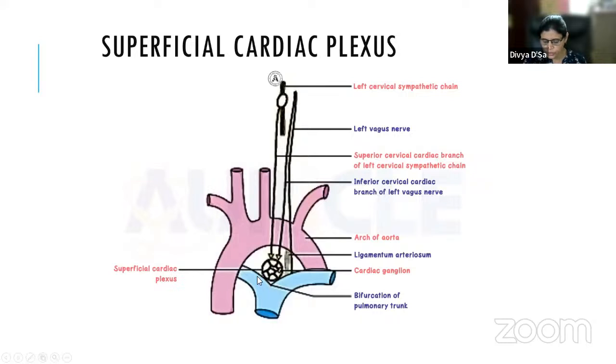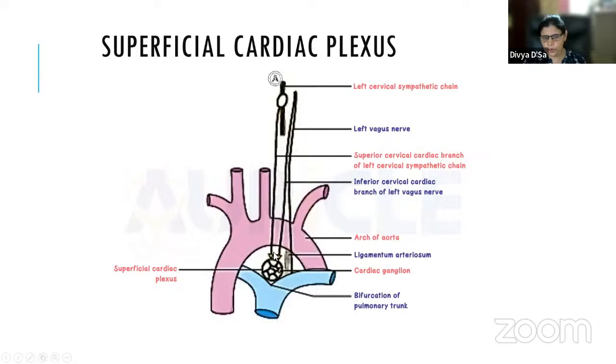It is formed by the superior cervical cardiac branch of the left cervical sympathetic trunk, as well as the inferior cervical cardiac branch of the left vagus nerve.